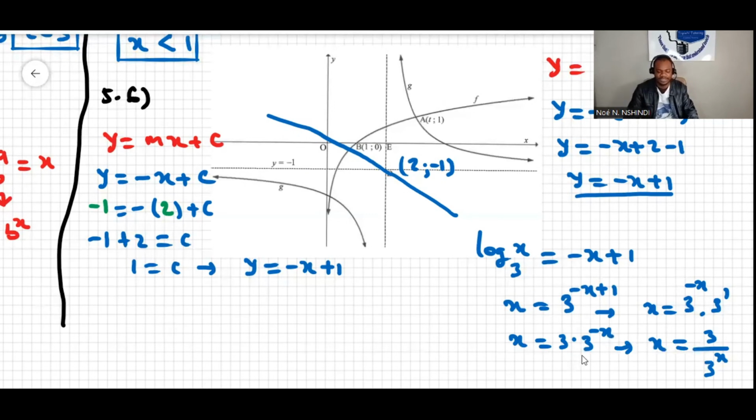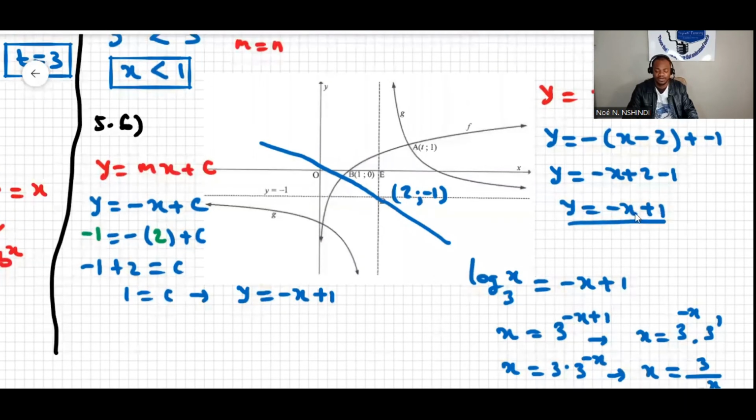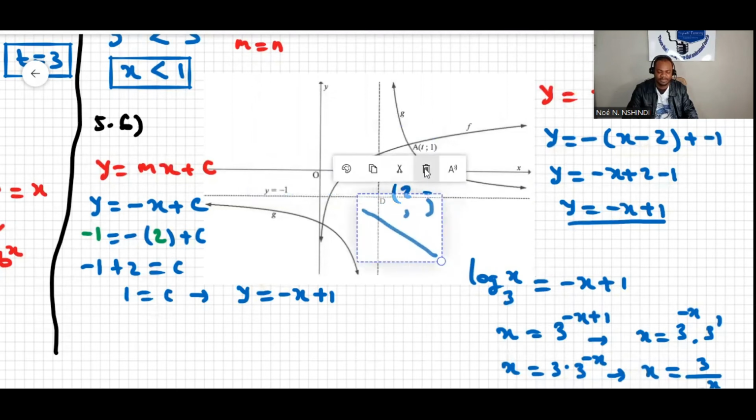It's giving us a lot of work here, but we can bypass this calculation by looking at the graph. When we have the line of symmetry y equals negative x plus 1, let's try to represent this graph clearly.